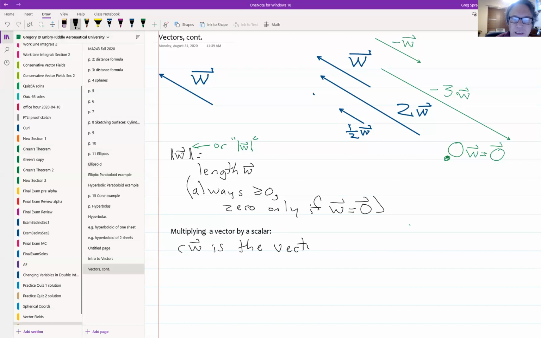Okay, so if C is a scalar and V is a vector, then I'll describe CV using its length and direction. Its length is the absolute value of C times the length of V.